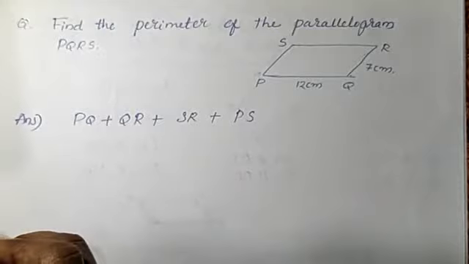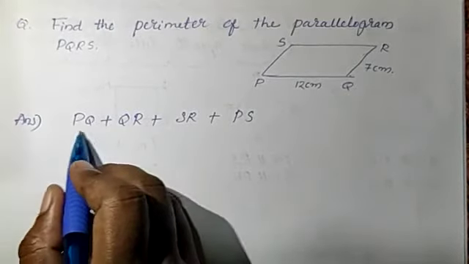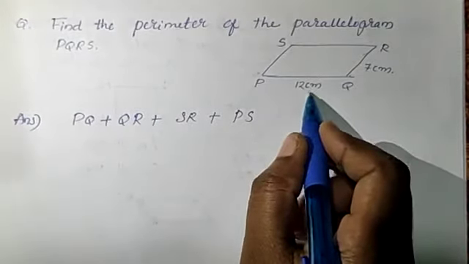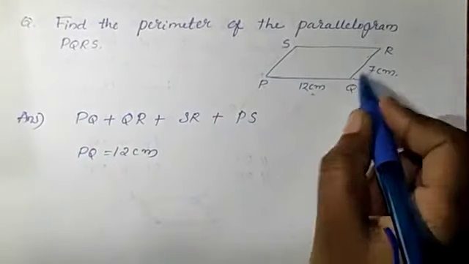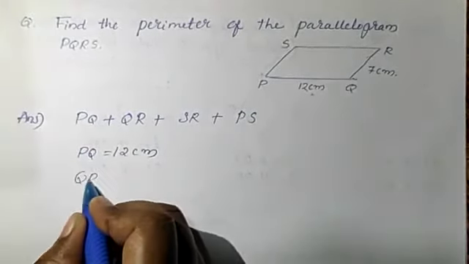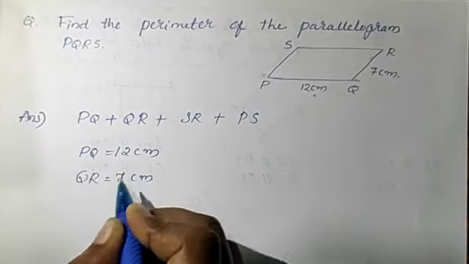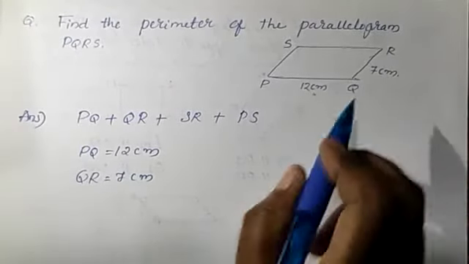This is perimeter. We know PQ is given. PQ is 12 centimeter and QR is given. QR is 7 centimeter. And we know this is a parallelogram.